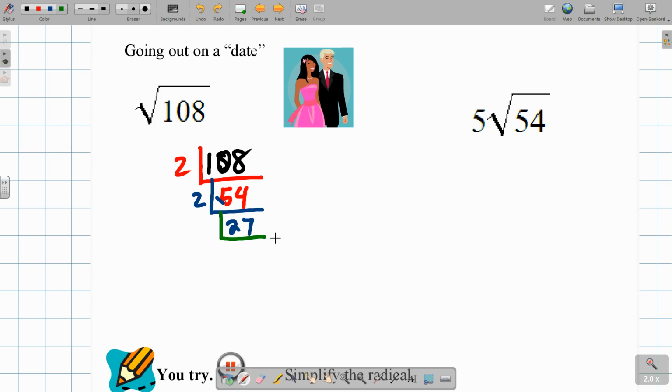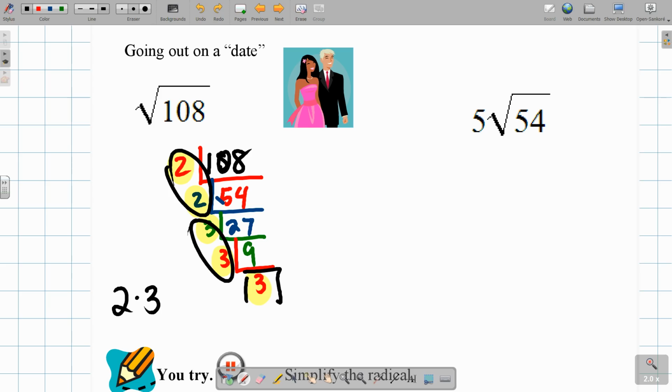And I divide by 3, and I get 9. So I divide by 3 until I get 3. Again, your goal is to get all primes. That's called upside down division. Same concept. Every date comes out. Lonely here stays home, orders pizza. 6 root 3. So whatever method you learned to do this, go ahead and use it. I'm not going to try to fix what's not broken if you know how to do this.